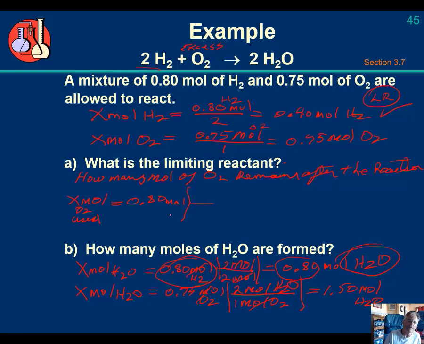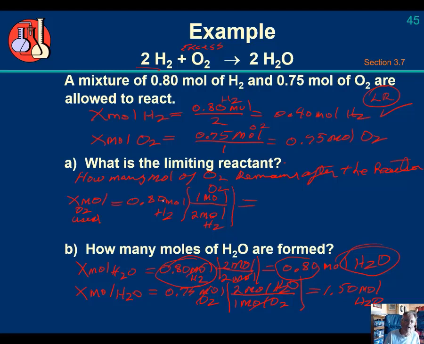And this is H2. And now my mole to mole ratio is between oxygen and hydrogen. I'm not concerned about the water. So I have 1 mole of O2 and 2 moles of H2. Okay?